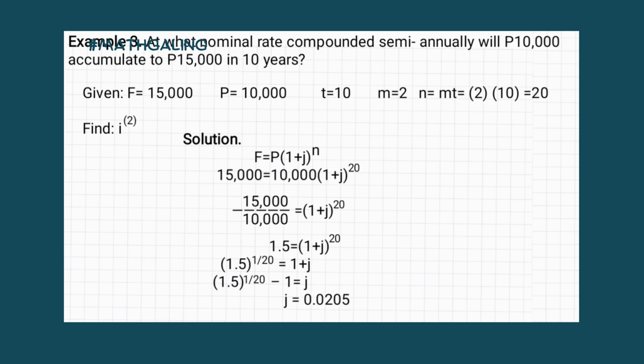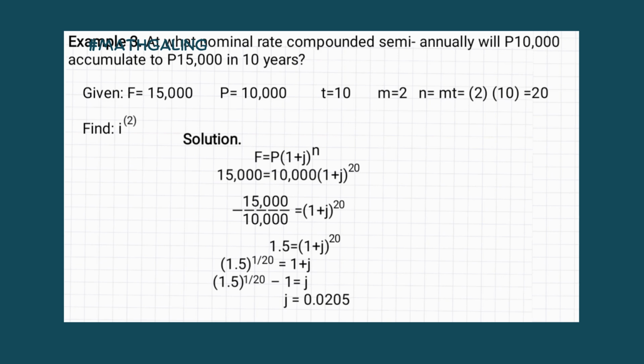So 1.5 equals 1 plus g raised to the power of 20, and 1.5 raised to the power of 1 over 20 is equal to 1 plus g, and 1.5 raised to the power of 1 over 20 minus 1 is equal to g.